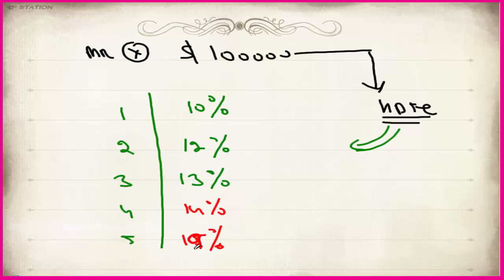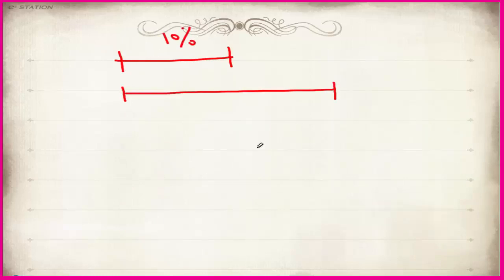As we are all aware, the longer the maturity period, the longer the bank FD period, the higher the return you will be getting. So if Mr. X is investing only for 1 year, his rate of return will be 10%. If he is investing for 2 years, on an average every year he will be getting 12% as a rate of return.